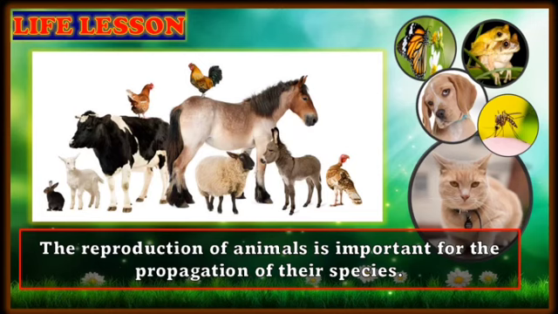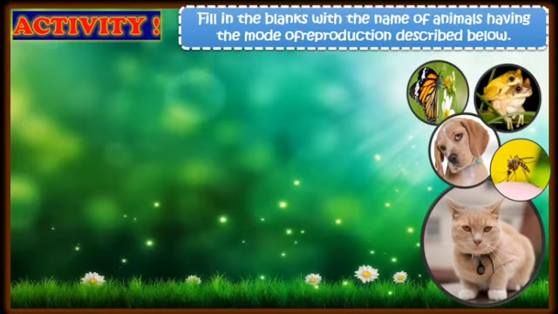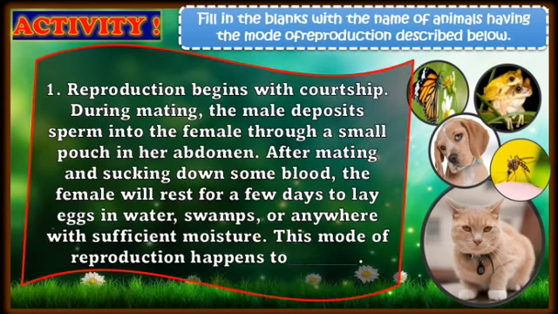This time, let's now move to an activity. All you have to do is fill in the blanks with the name of animals having the mode of reproduction described below. Number 1. Reproduction begins with courtship during mating. The male deposits sperm into the female through a male pouch in her abdomen. After mating and sucking down some blood, the female will rest for a few days to lay eggs in water, swamps, or anywhere with sufficient moisture.